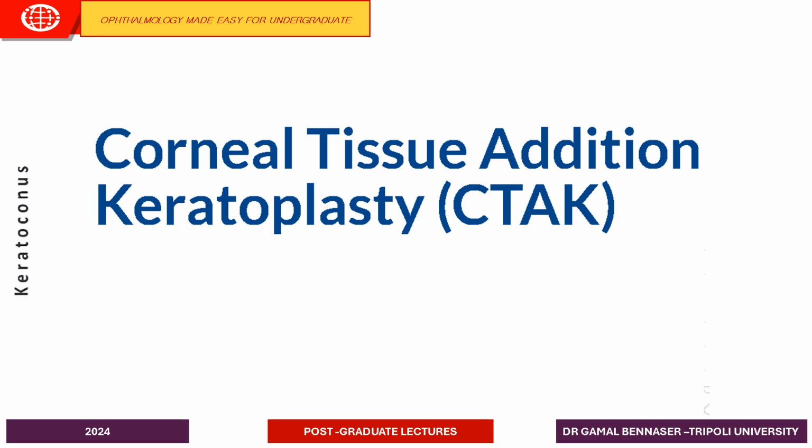It is just pure natural collagen fibers, which is preserved and implanted in a similar way to the intracorneal rings, and it is usually obtained from the tissue bank by ordering them. So let's dive deeper and see what CTAK is about.